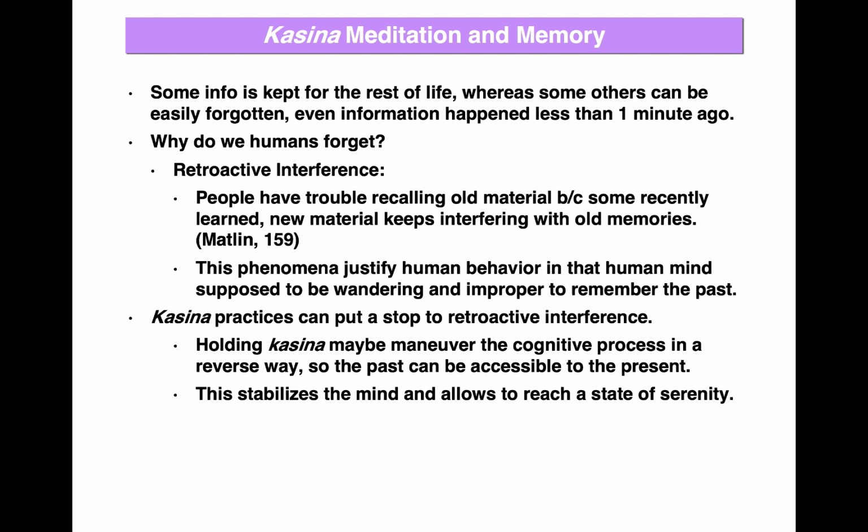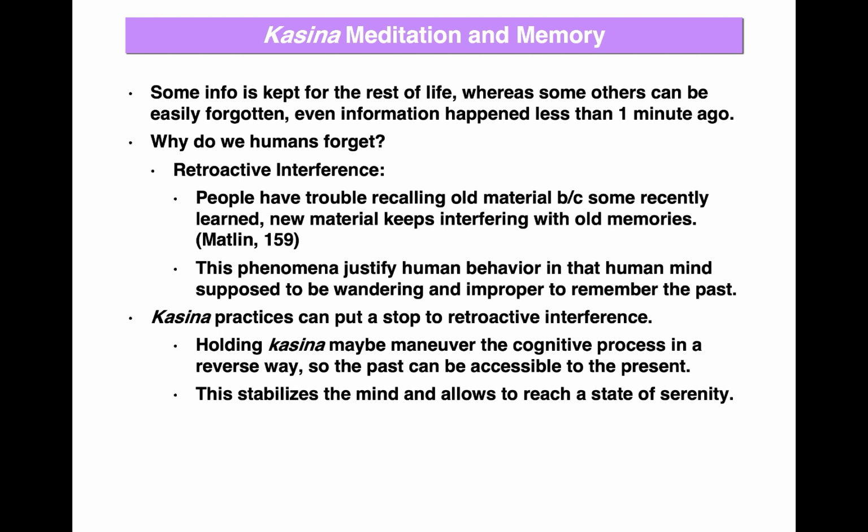I mentioned that long-term memory has unlimited storage capacity to hold information. Some information is kept for the rest of life, whereas other information can be easily forgotten. Even information from less than 1 minute ago, you might not remember.